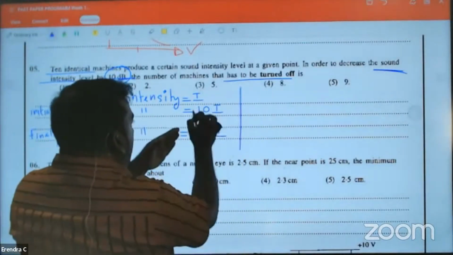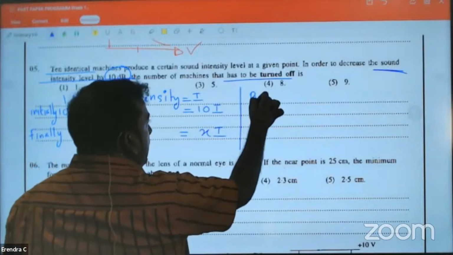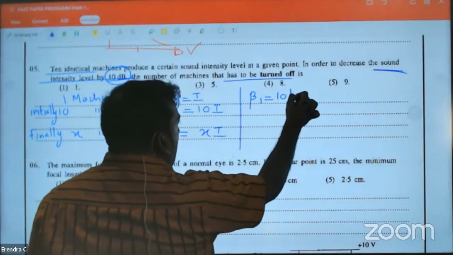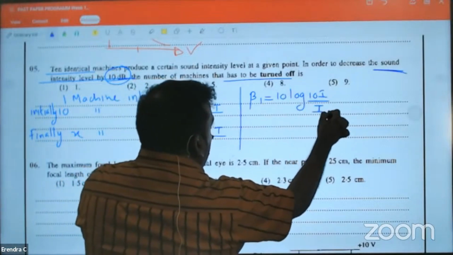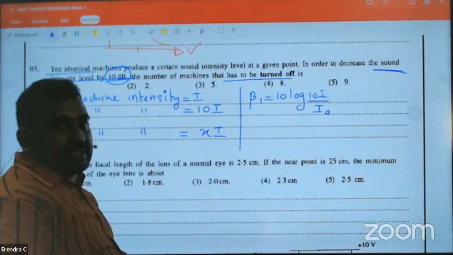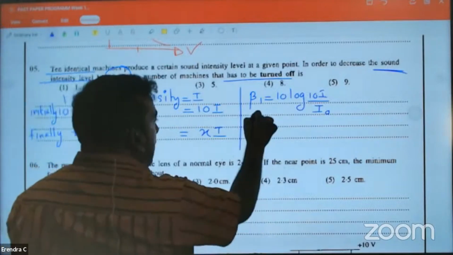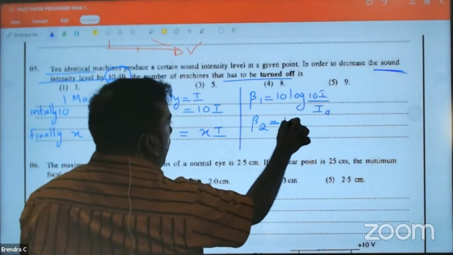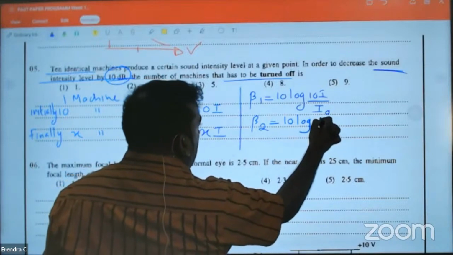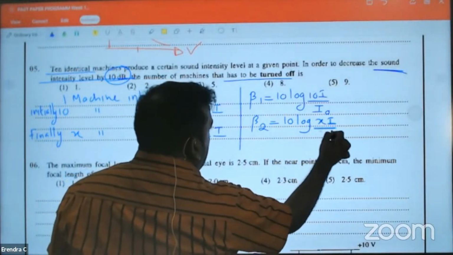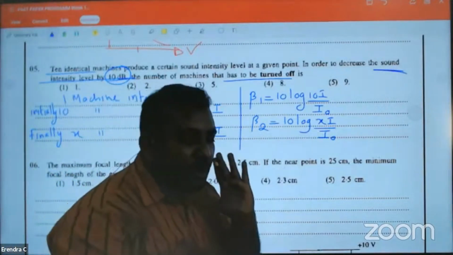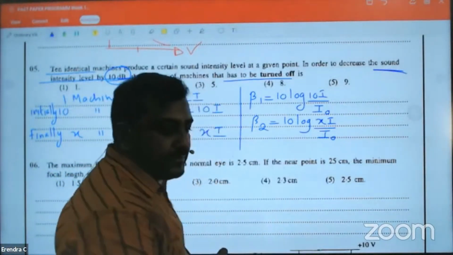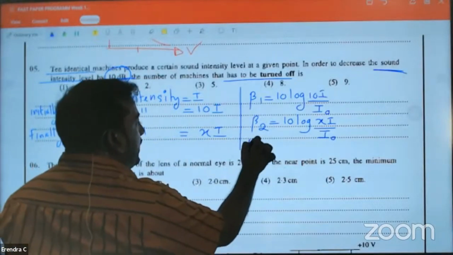Look at this. Higher intensity, higher beta. Beta 1 is 10 log 10I over reference intensity I0. Beta 2 is 10 log XI divided by I0. I0 is reference intensity, normally for your hearing, threshold of hearing.